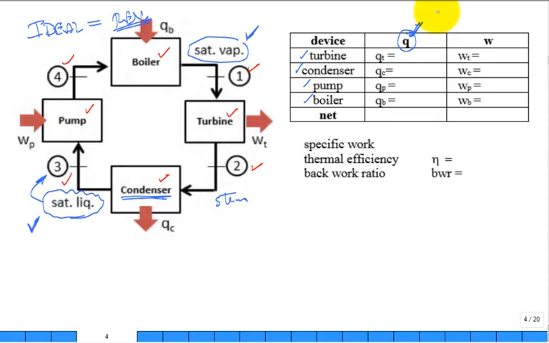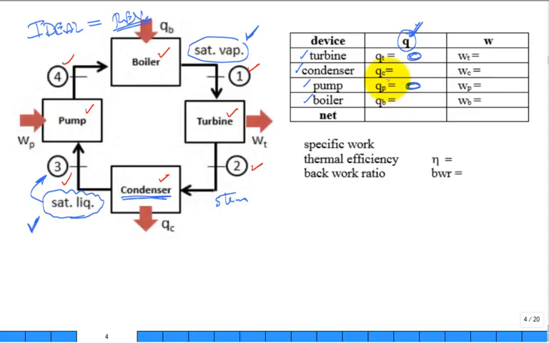Which are the 2 devices that have non-zero, and do any of the other devices have 0 heat transfer in our typical analysis of these devices? The turbine. The typical analysis of the turbine is that the turbine has no heat transfer. It's a well-insulated turbine. Likewise, for the pump, typical analysis, it's 0.